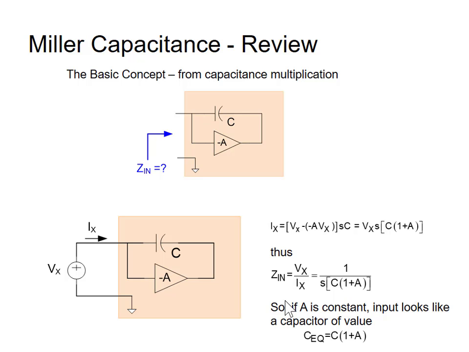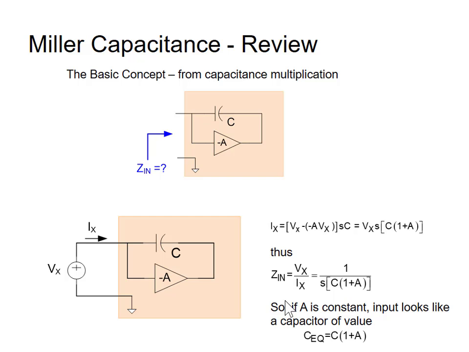Here is an analysis that shows that the capacitance multiplication takes place. So we have this amplifier with a gain of minus A, and I can look at this current Ix that flows in here as a function of Vx. The current Ix is equal to this voltage, which is Vx, minus this voltage, which is minus AVx, times the conductance, which is SC. Factoring out the Vx, it's Vx times S times C times 1 plus A. And so the input impedance we see to that network is simply Vx over Ix.